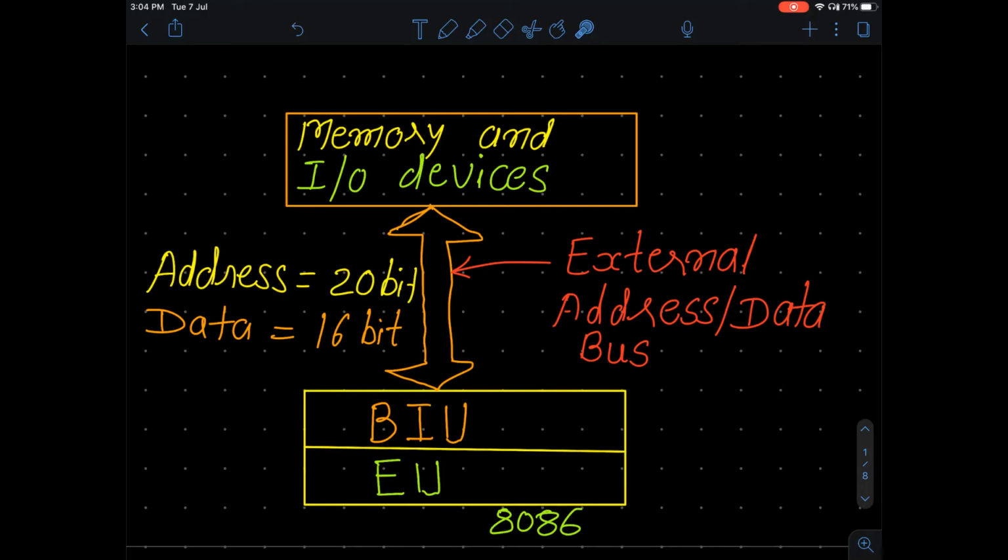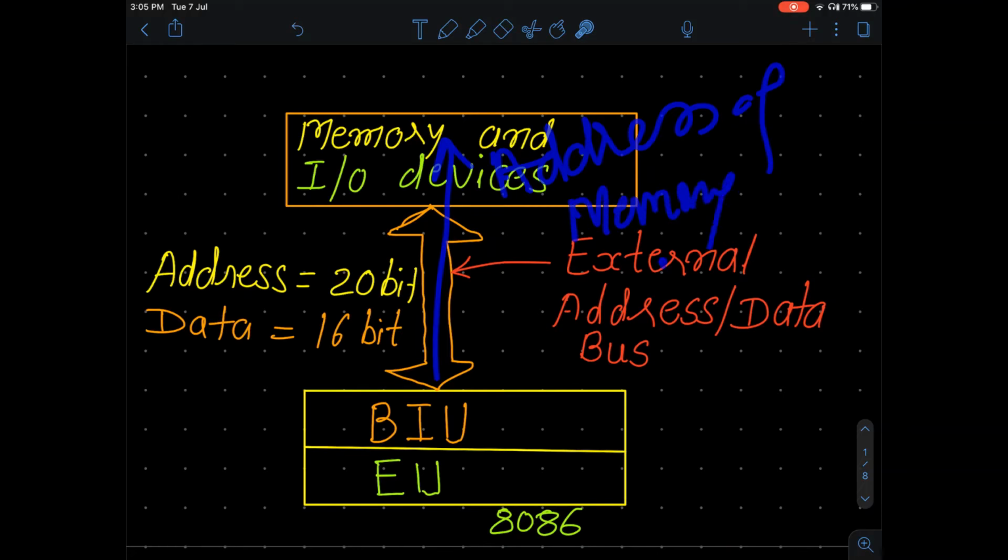Now, what are the various functions of the BIU? BIU handles all the external data transfer operations. It sends out the address of memory or IO port.